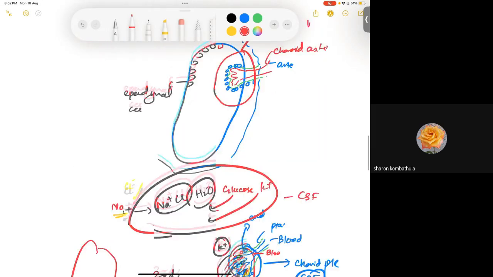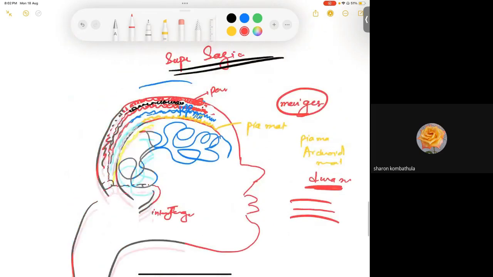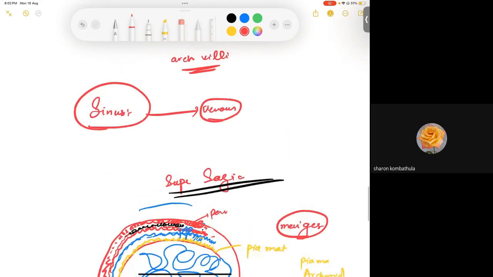There, the arachnoid granulations, which are basically the connection between the subarachnoid space and the superior sagittal sinus, push all of the cerebrospinal fluid into the superior sagittal sinus, and through the different sinuses, in the end, CSF is drained into the internal jugular vein. So this is the entire connection.